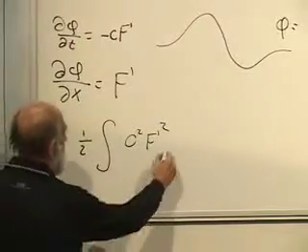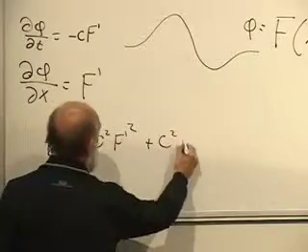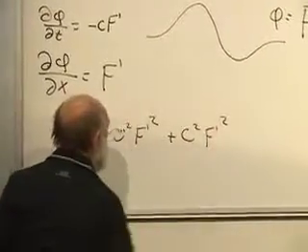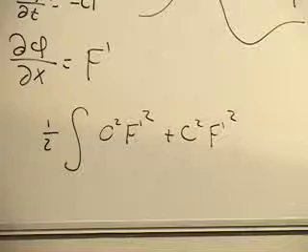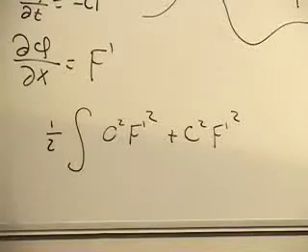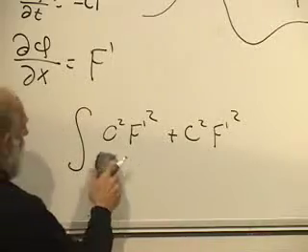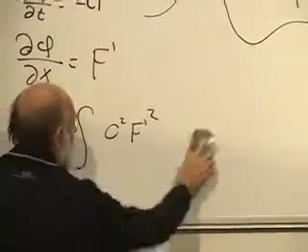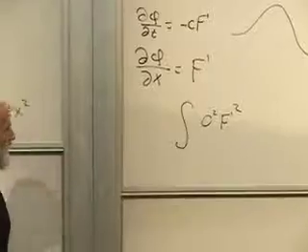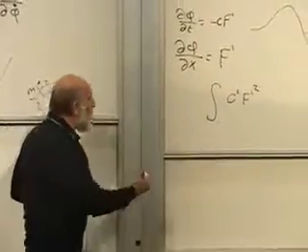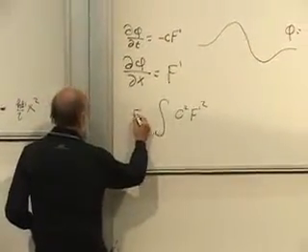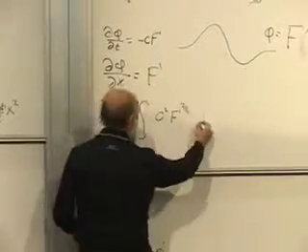That's the first term. And then the second term is another c squared f prime squared. In other words, just forget the factor of 2 and get rid of one of these. That's the total energy of a wave moving to the right, integral dx.